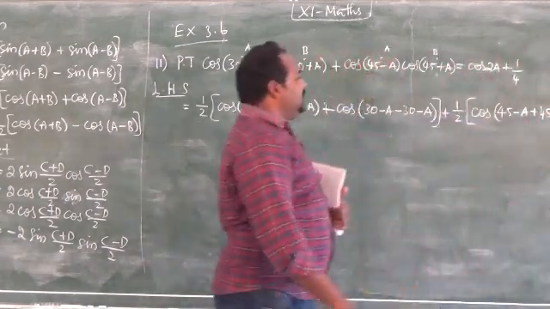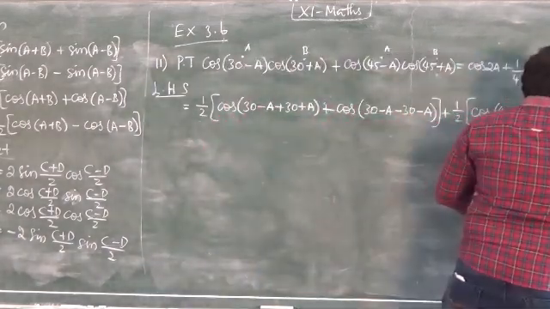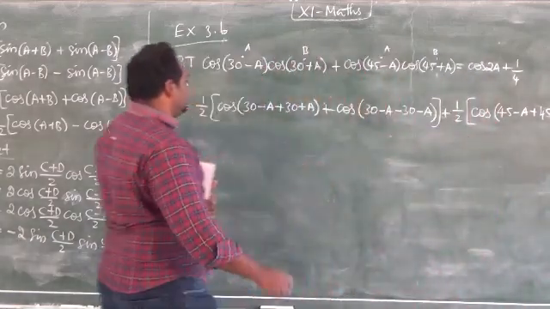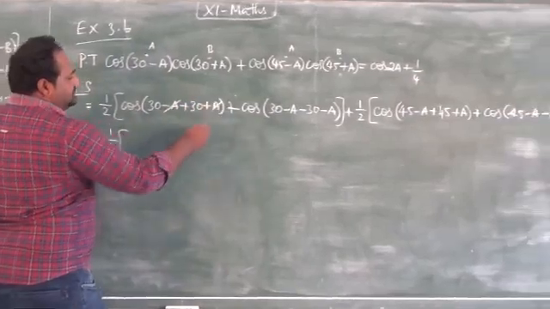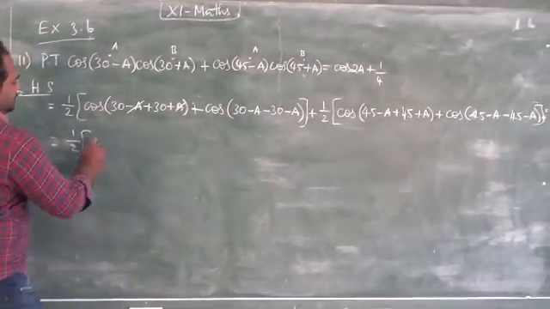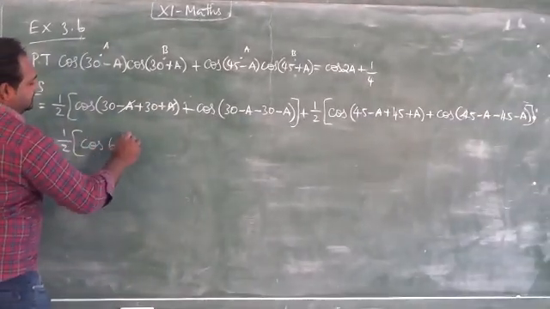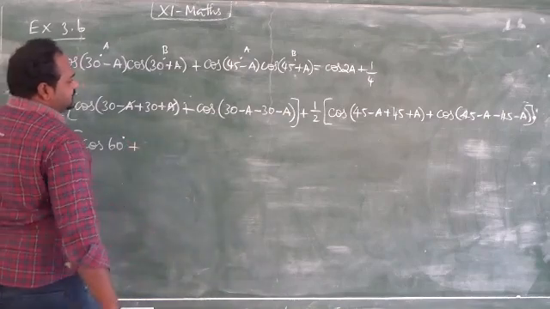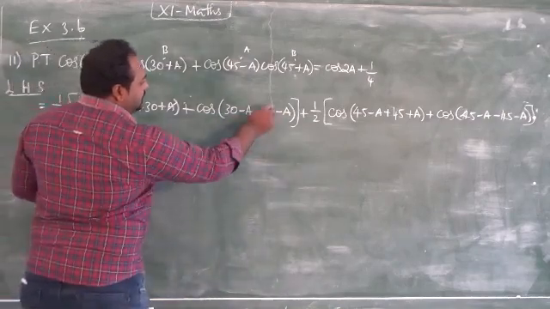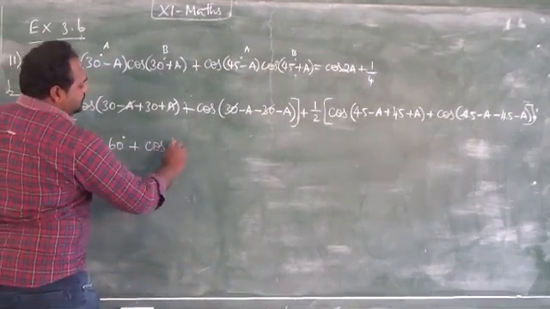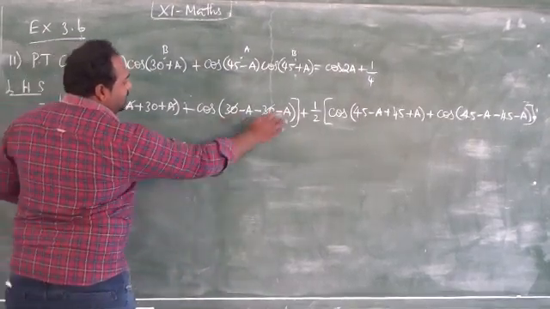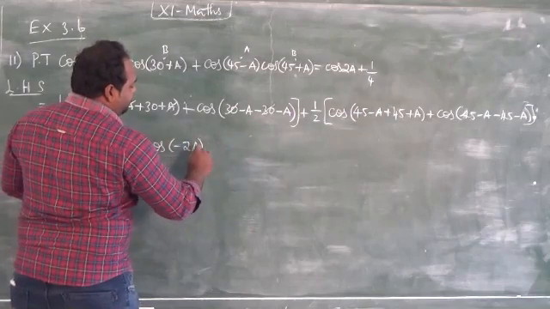So after expressing the identity, we can do a simple simplification. 1/2: minus A plus A will be cancelled, 30 plus 30 gives cos 60, plus here 30 minus 30 will be cancelled, cos of minus A minus A, which is minus 2A, don't forget it.